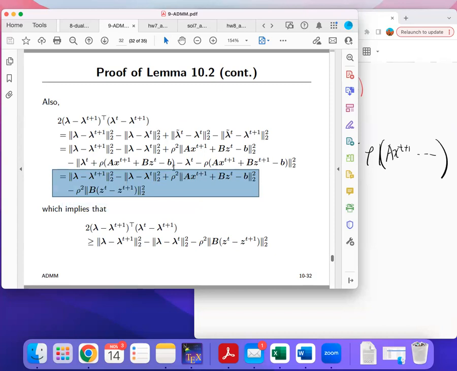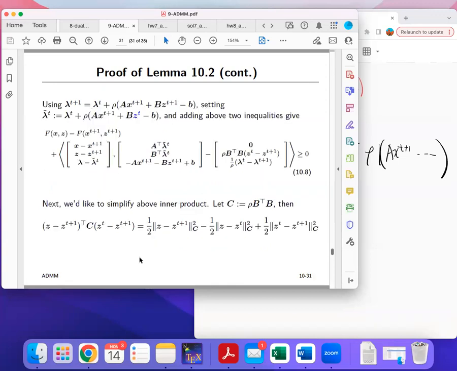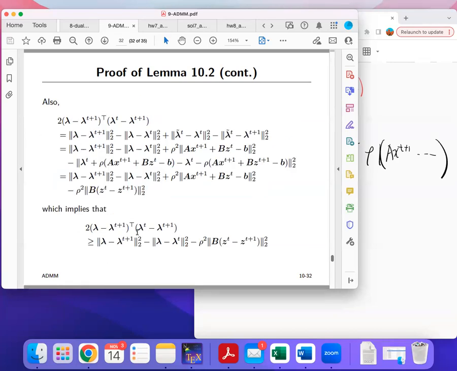In the end, you can get this result, which is a difference of four quadratic terms. And then we can claim that the left-hand side is bigger than or equal to these three. We can drop these positive terms, so we only keep these three terms. So we need these two intermediate results. This is one intermediate result. This is another intermediate result.